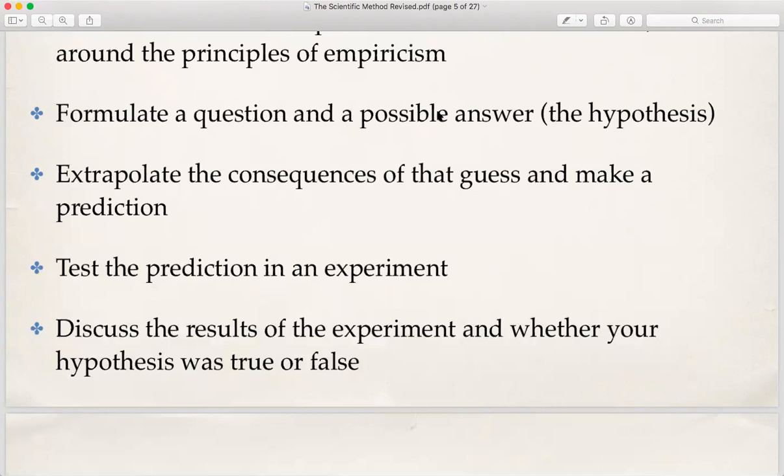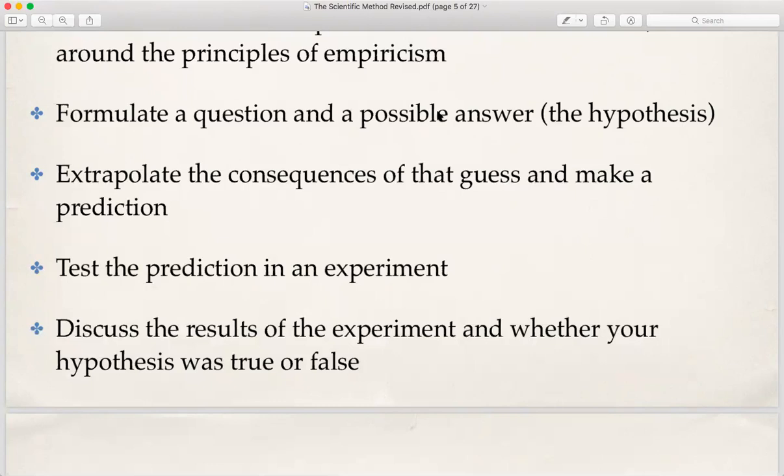This is the key portion of even this lecture. I would say if you can understand the jump from hypothesis to the consequences of the hypothesis, then that's enough for this class. Because I find that some students struggle with this concept of extrapolating the consequences.